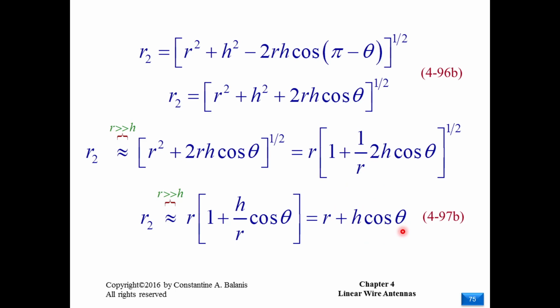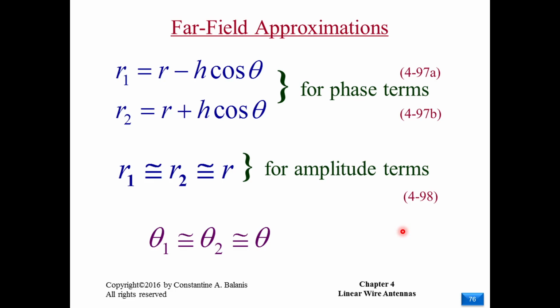So this is the approximation. For the phase term, we use the more accurate expressions, R1 equals R minus h cosine theta and R2 equals R plus h cosine theta. We said the three thetas are the same, and the three vectors are parallel because the distance is much larger than the height.